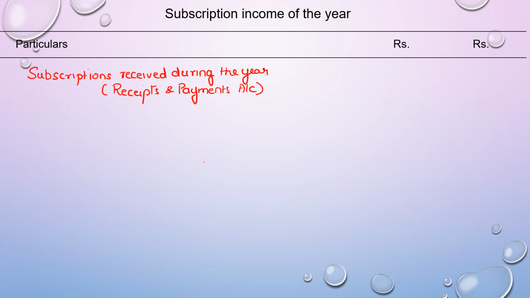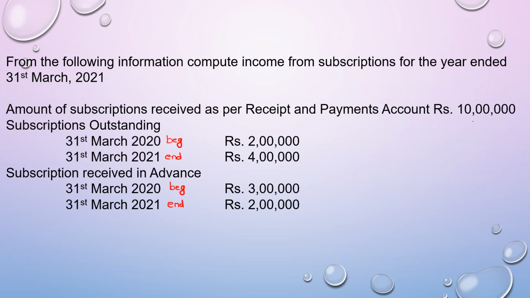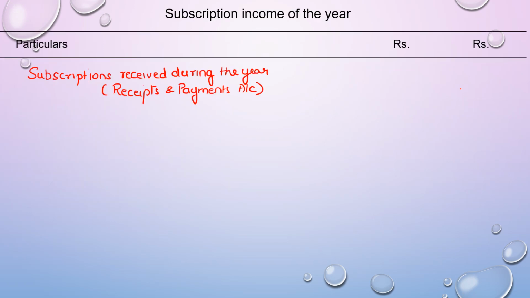So if we go back, here we find it is amount of subscription received as per the receipt and payment account is 10 lakh. If they give you the format of receipt and payment account, look at the receipt side, subscription received, that would be 10 lakh. We'll write that in the outer column, 10 lakh.